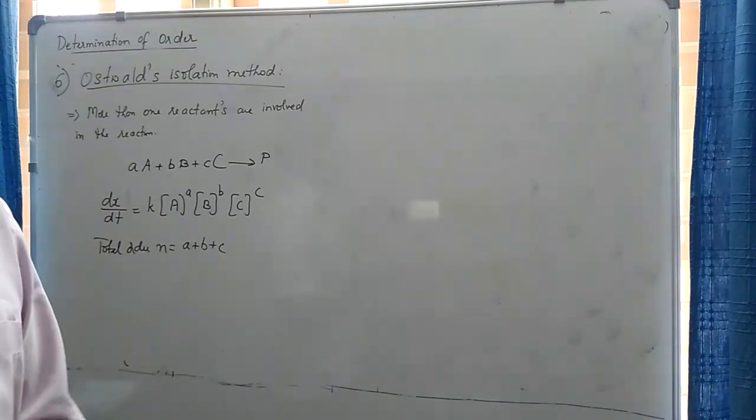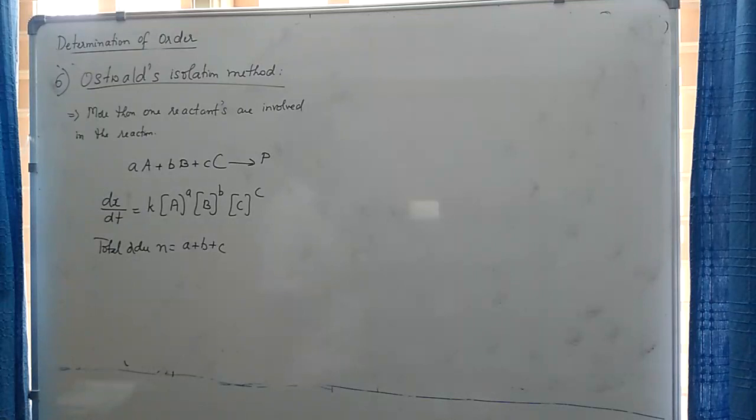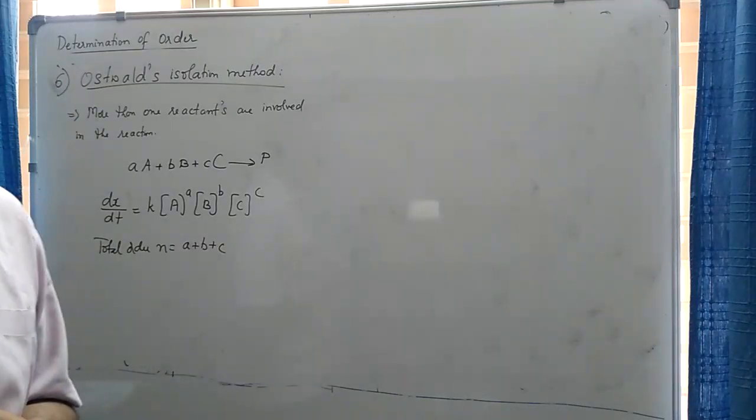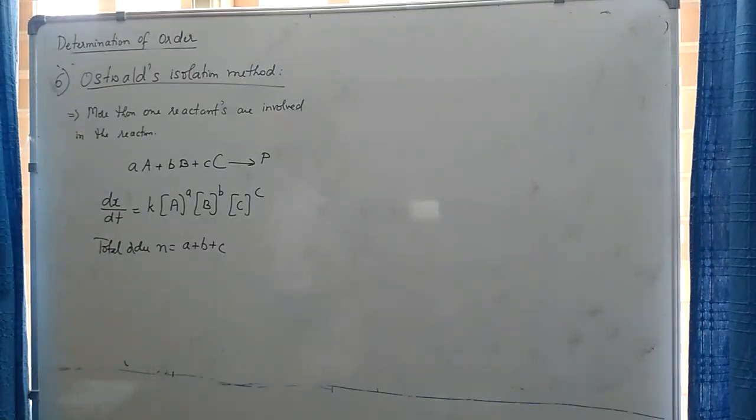So what was suggested by Ostwald is you can find out the order of the reaction with respect to reactant A, provided you take the reactant A in very less amount compared to B and C. That is, A should be taken in very less amount, whereas B and C should be taken in very large amount.